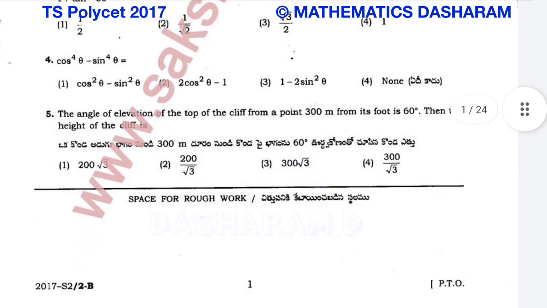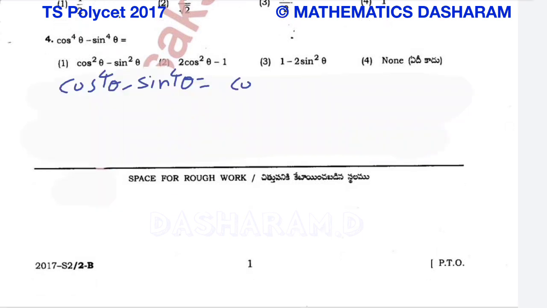Next, fourth question. Cos theta whole power 4 minus sin theta whole power 4 equals how much? So we can write cos square theta whole square minus sin square theta whole square. Now apply the a square minus b square formula, that is a plus b into a minus b.